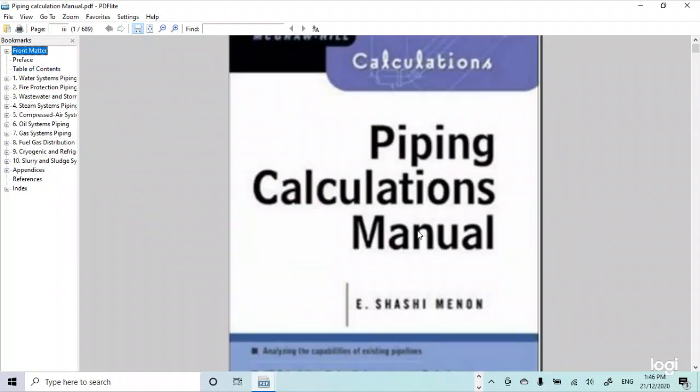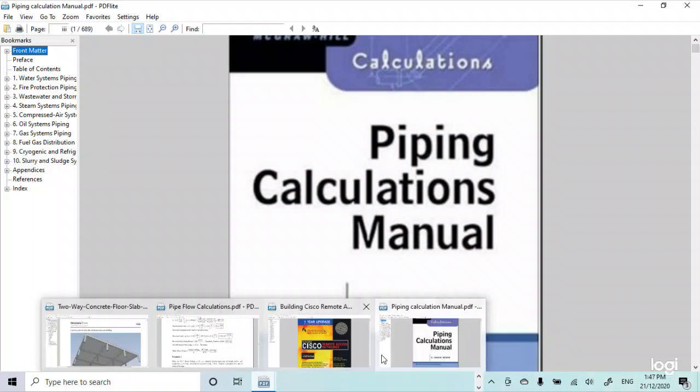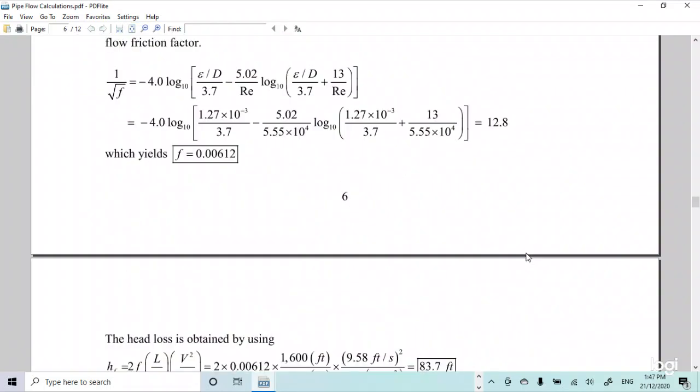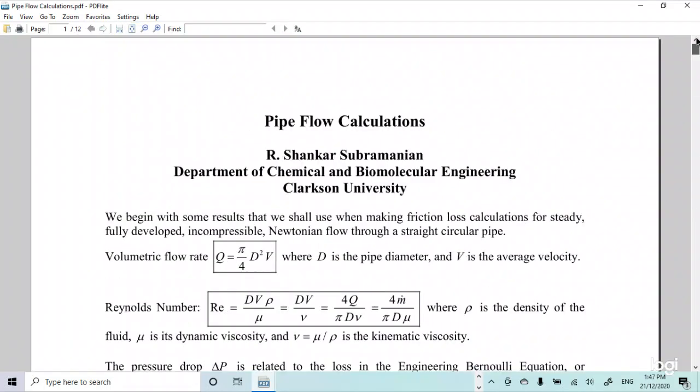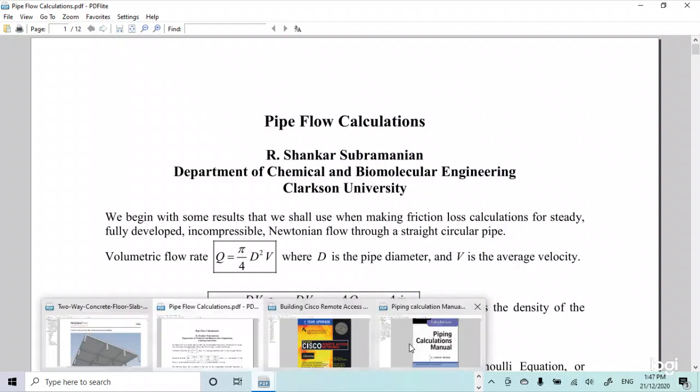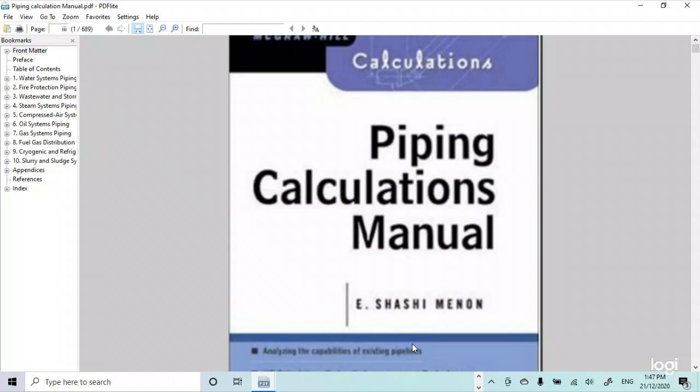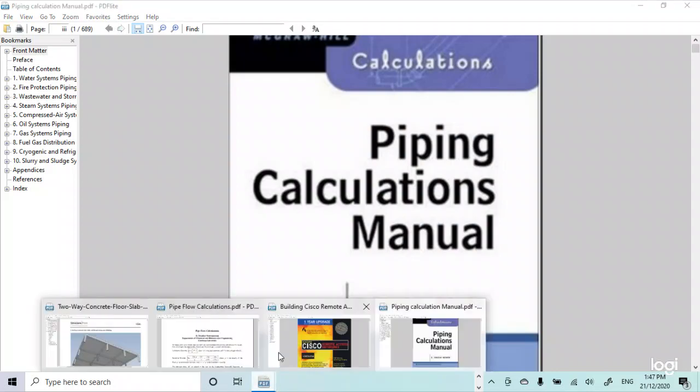This is a technical paper on pipe flow calculation, and together with it this is the piping calculation manual handbook, so you have to read the two together.